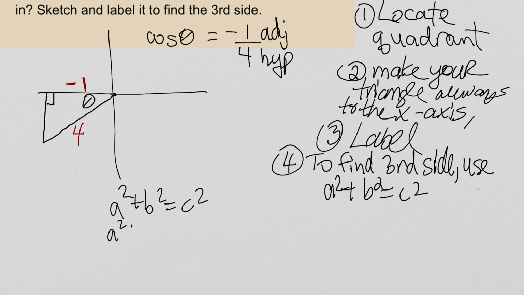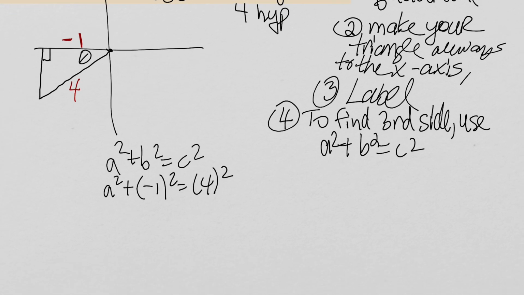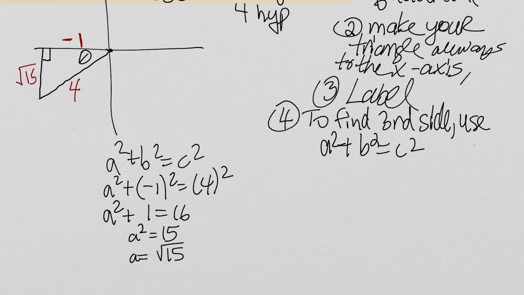Let's look for a leg. We got -1, and 4 is the hypotenuse. Now let's evaluate. That's 1, 16, subtract this over. So we get a squared to be 15. So my third side is the square root of 15. Let's put that on the triangle.